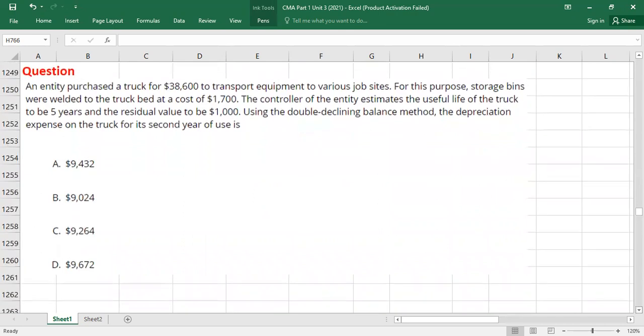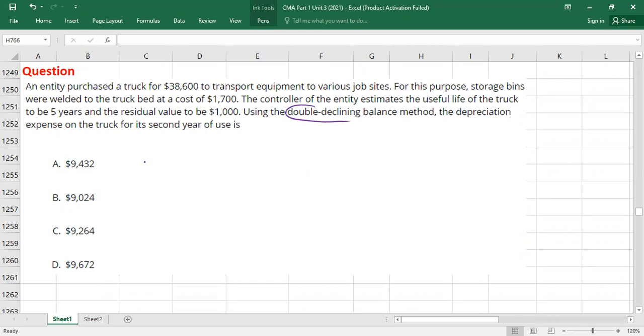Another question. Go through this question, please. By using which method do you have to do it?